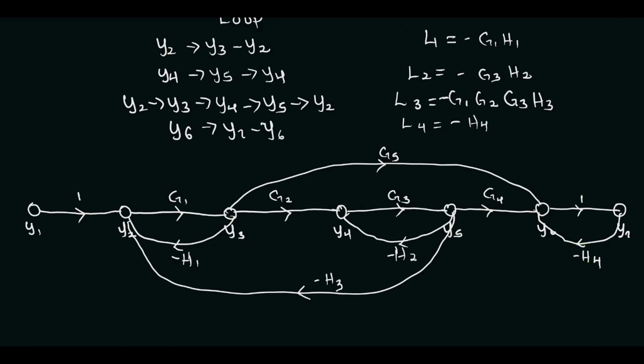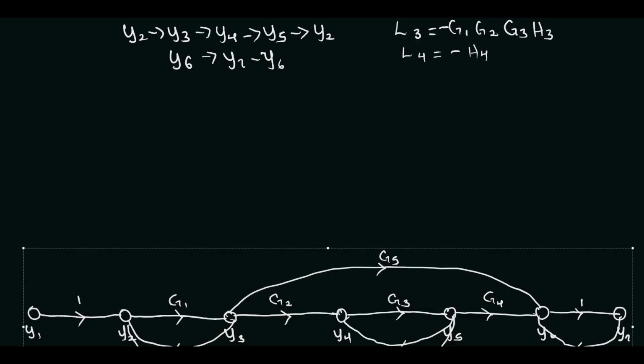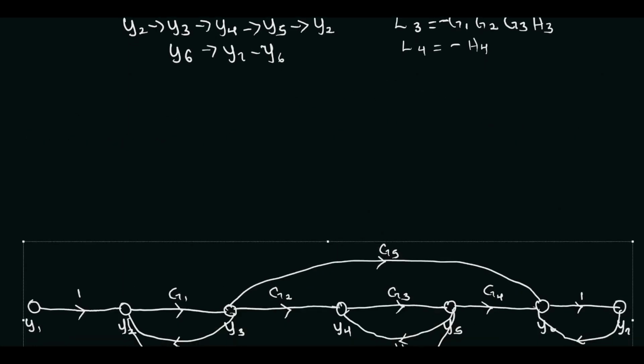Okay, moving on. The next step is to identify non-touching loops. This one can be a bit tricky here because you have lots of loops. So let me drag this down so that we can see it.